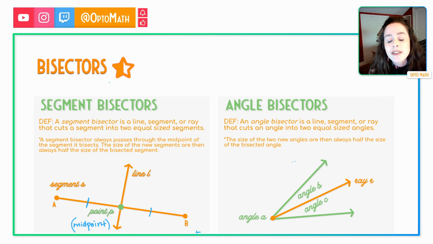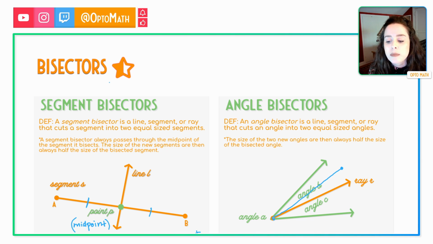Now, we didn't say anything about the ray that is the bisector or line or segment passing through the vertex of the original angle. That is true, but that doesn't make it a bisector. Because, for instance, I can draw this segment here. This is just some random segment, right? It passes through the vertex of the original angle, angle A, but you can tell the size of this angle and the size of this angle are definitely not equal to each other.